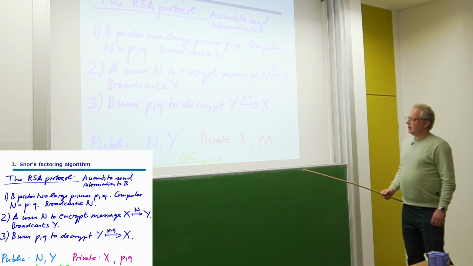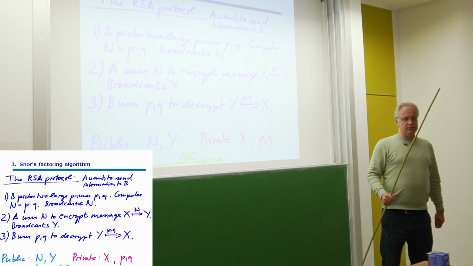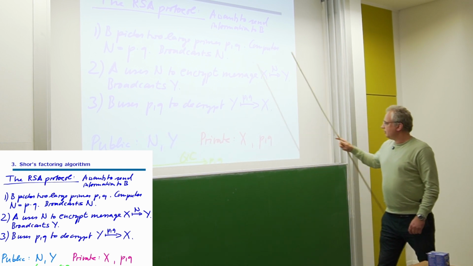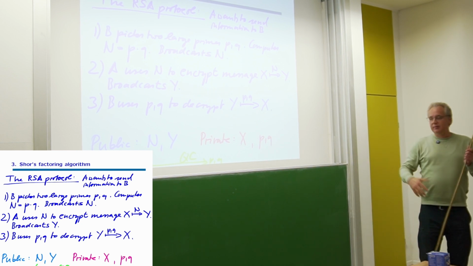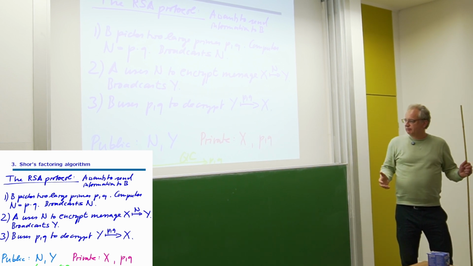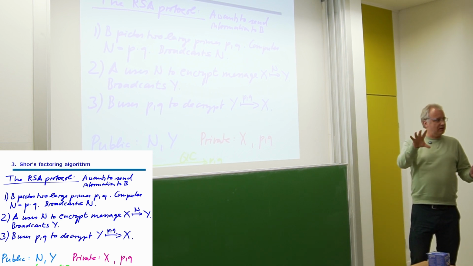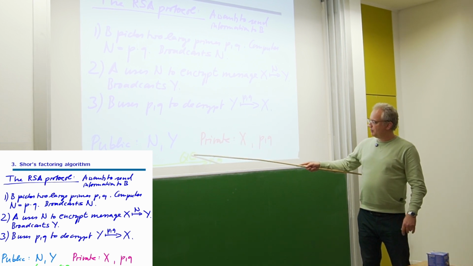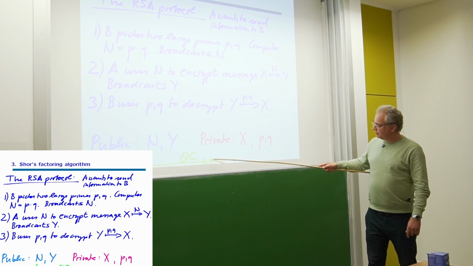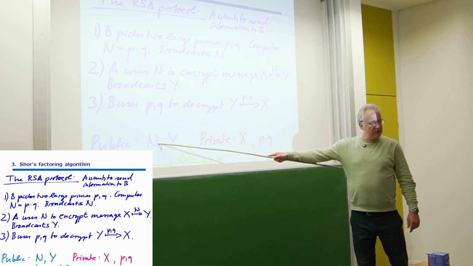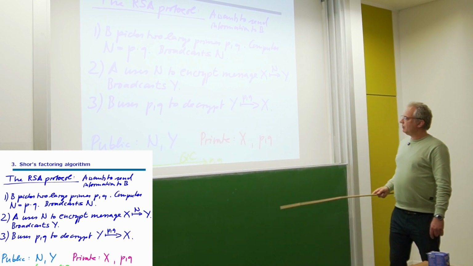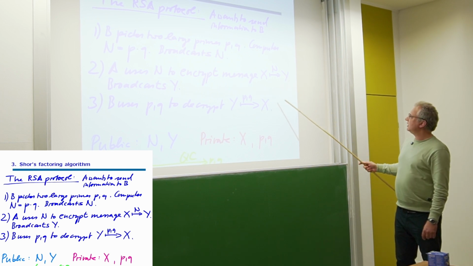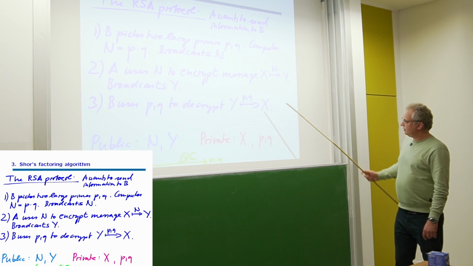What an eavesdropper would want to do is get from the public information N to the private information P and Q. All that person would have to do is compute it, but that computation is hard, and that's what protects this cryptography scheme. However, if you have a quantum computer, then computing these private factors P and Q from this number is easy. And once you have them, you can do what the intended receiver does, namely, use those factors to decode the messages.